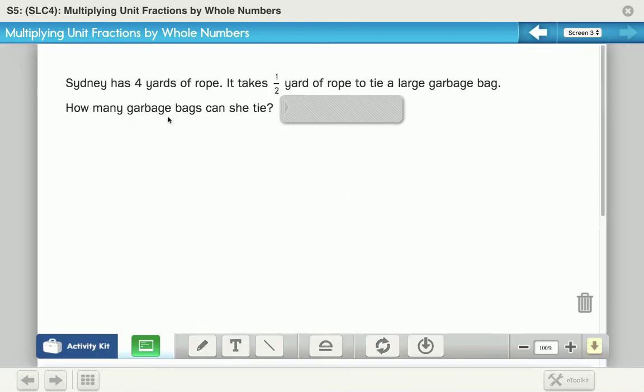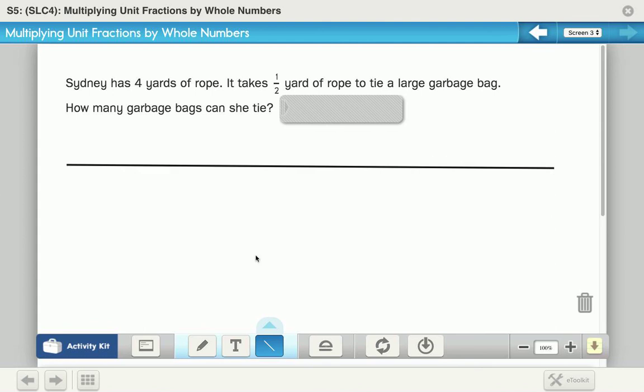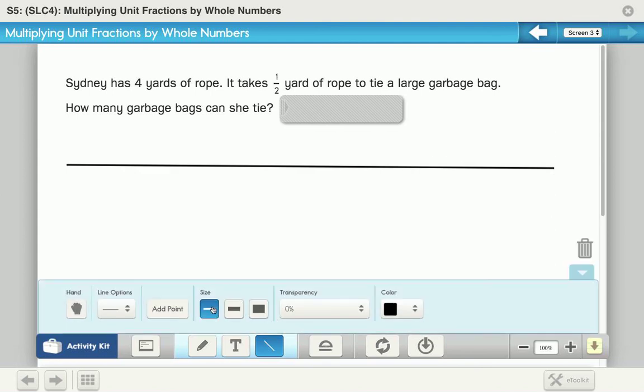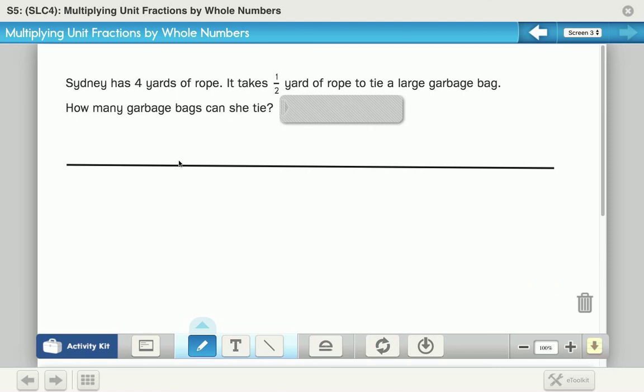Sydney has 4 yards of rope. It takes 1/2 yard of rope to tie a large garbage bag. How many garbage bags can she tie? Okay, so this one is a little bit different because she's got, I'm going to draw a picture here. She's got 4 yards of rope, and I'm going to break it. Okay, so here's 1 yard, 2 yards, 3 yards, 4 yards.